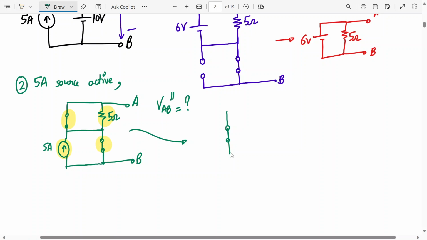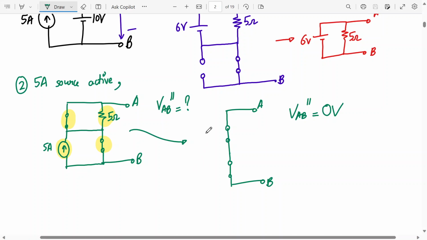So this is your A and B. Now tell me how much is VAB double dash? It's short circuit, na? A and B is short circuited. So how much is the value? 0, right? A and B is short circuited. So its value is 0. Do you agree, everyone?